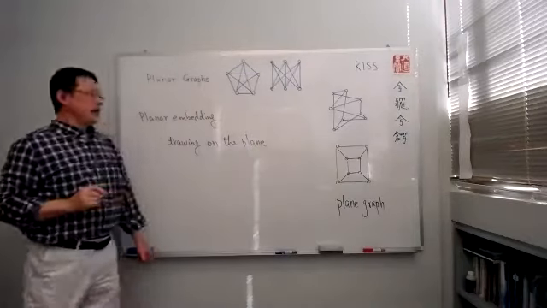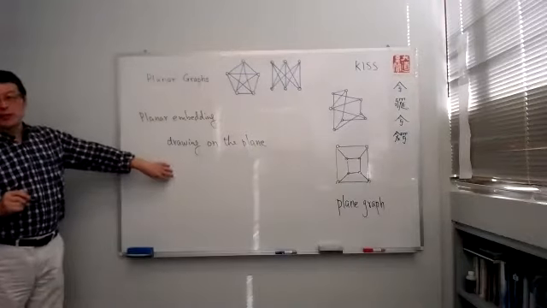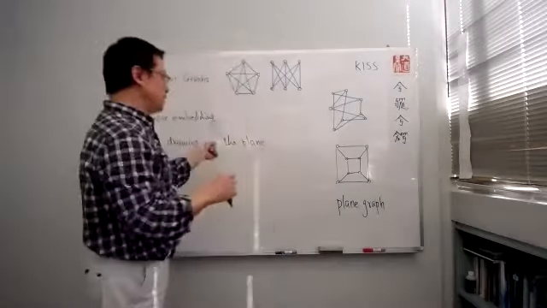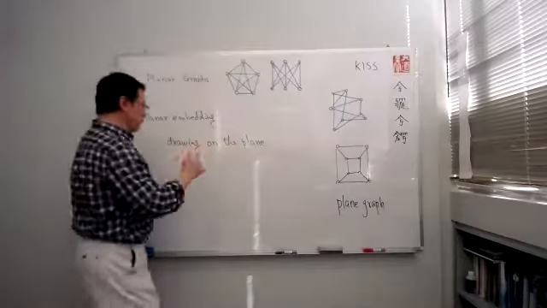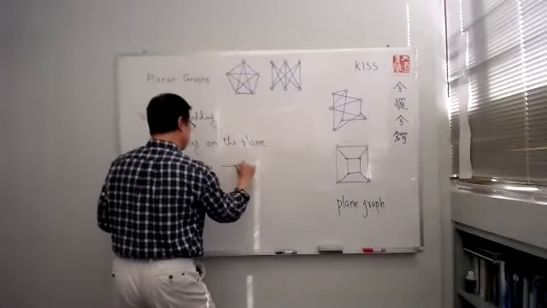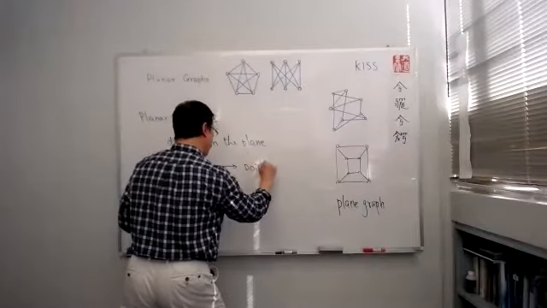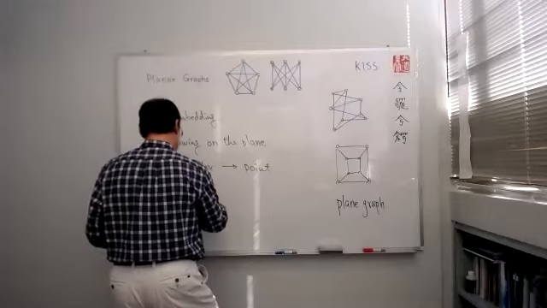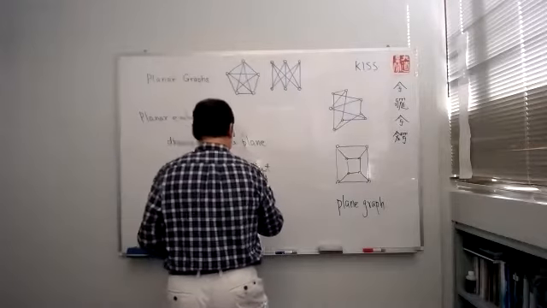So we draw a graph on the plane. The whiteboard is a plane. So we draw the graph on the whiteboard. We have vertices corresponding to points, and edges are curves.